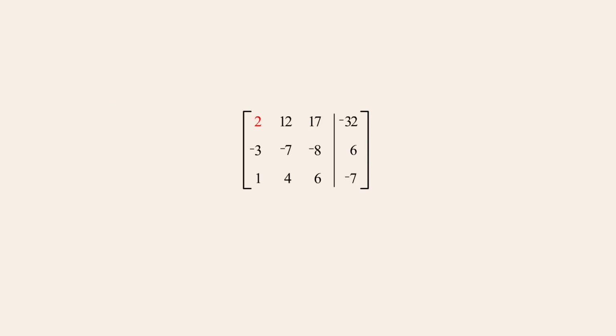When we do this, keep in mind that there are usually a number of different ways to use row operations to accomplish the same result, but some ways may be easier than others. For example, one way to make this entry a 1 would be to use a scale operation to multiply row 1 by 1/2.